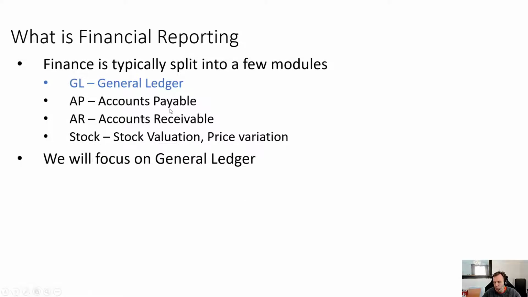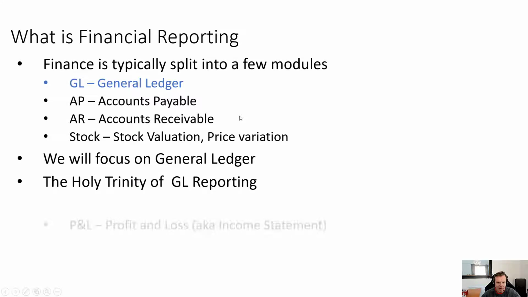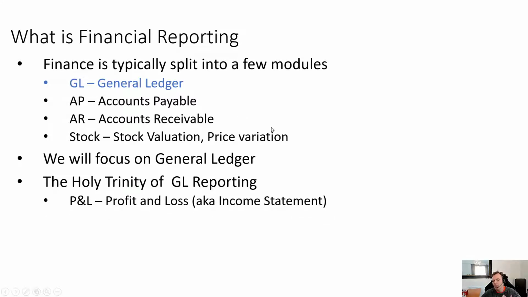There's a holy trinity of reports that make up the general ledger: your profit and loss, which I think the Americans refer to as the income statement, the balance sheet, and only when you've done both of those perfectly can you move on to the cash flow, because the cash flow is an amalgamation of the two.